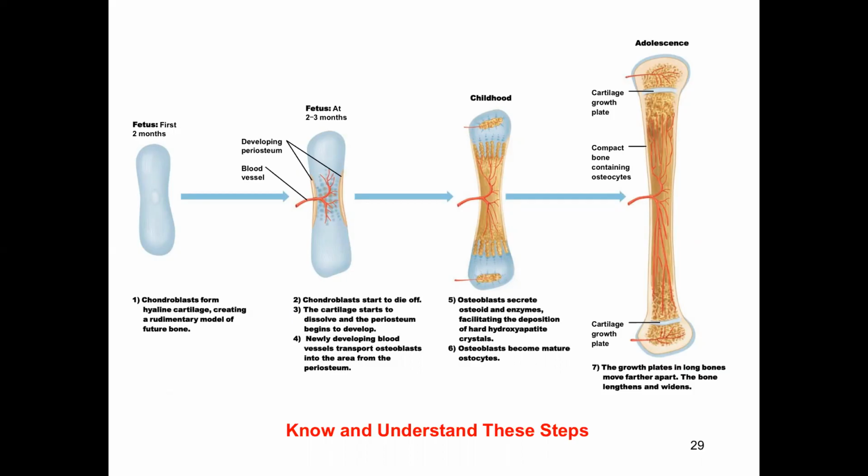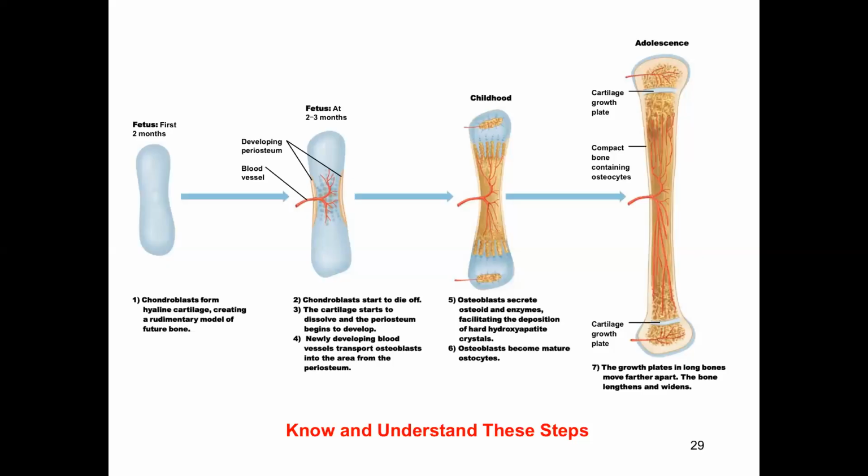So some of these cells are going to now become osteoblasts, and they're going to start laying down a periosteum out here, and they're going to start laying down what we call a bony collar, all right? And that is also going to bring blood vessels into the cartilage that is starting to break down.